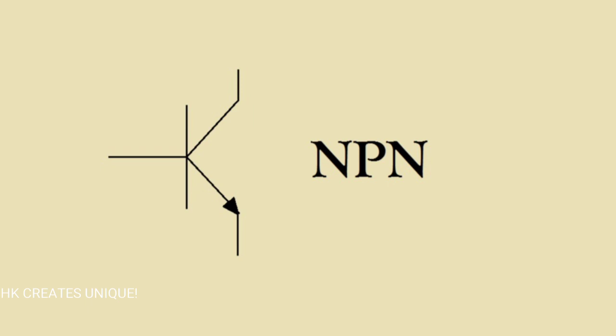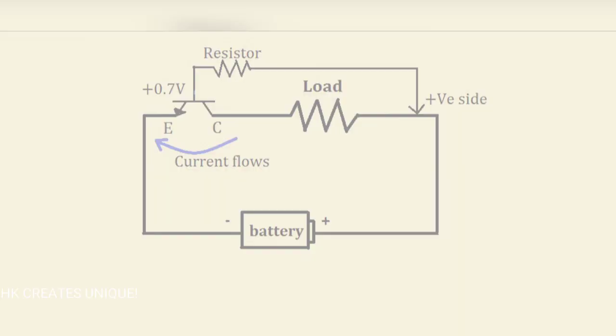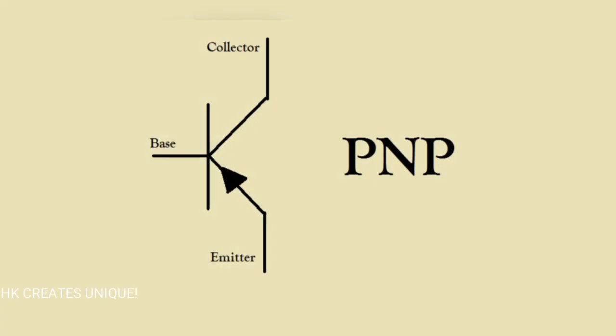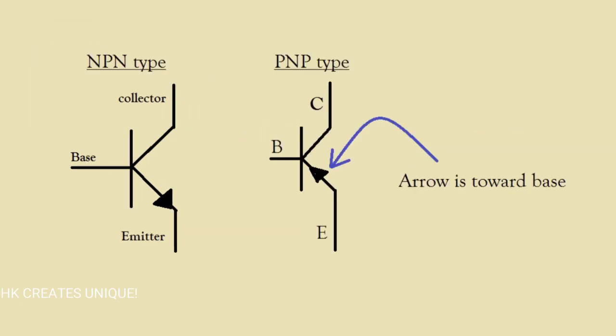The type of transistor we were discussing so far was an NPN type transistor. NPN transistor requires positive voltage at the base to make it act like a closed key. There is another type of transistor called PNP type transistor. The symbol looks like this. Arrow at the emitter of NPN type transistor is away from the base.